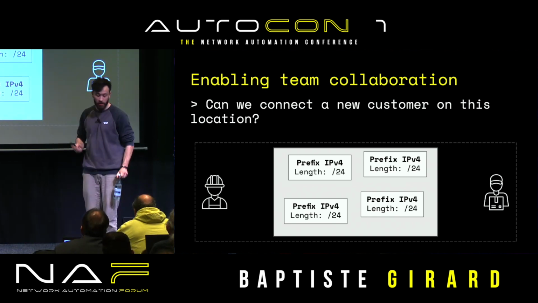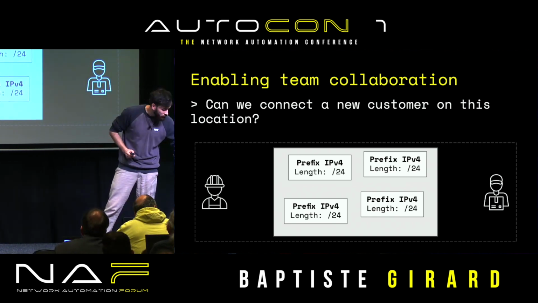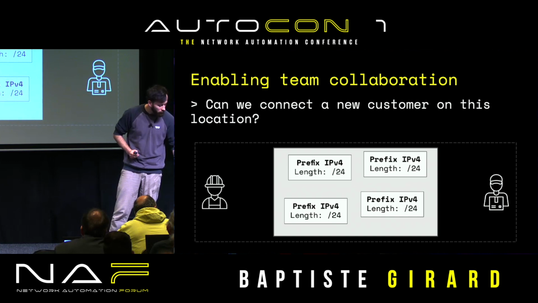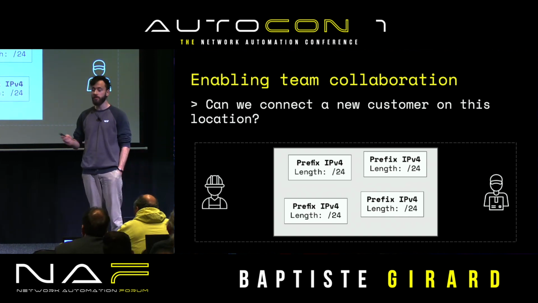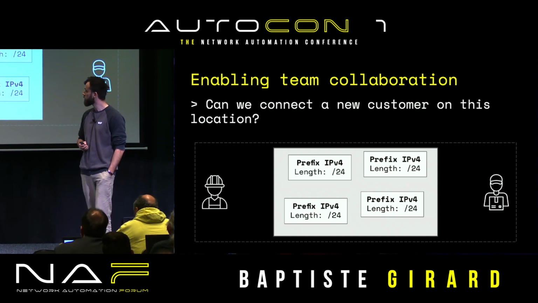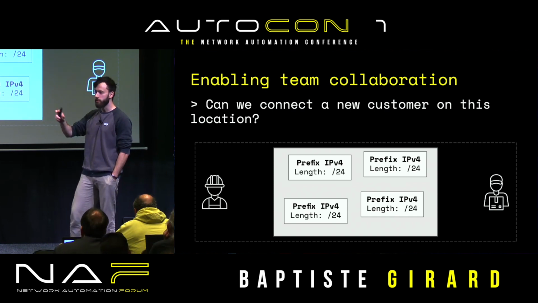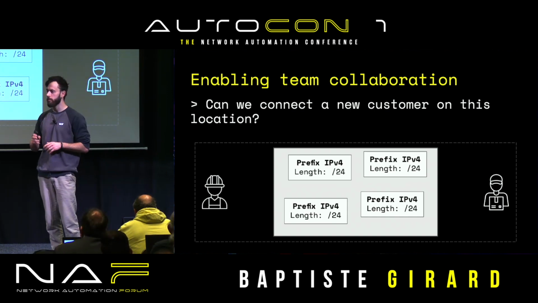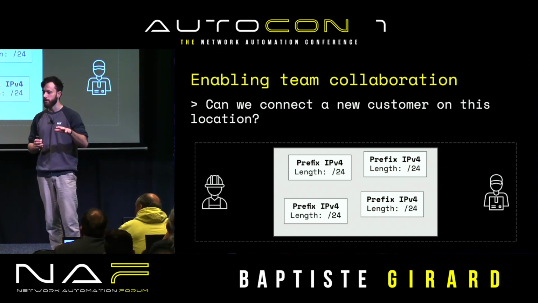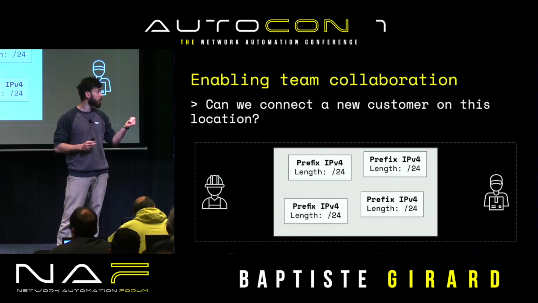That's the schema you see here. We have plenty of what we call container prefixes on a given site. These are basically big /24s we use for different things. Might be internal routing, might be internal services, and also customers.